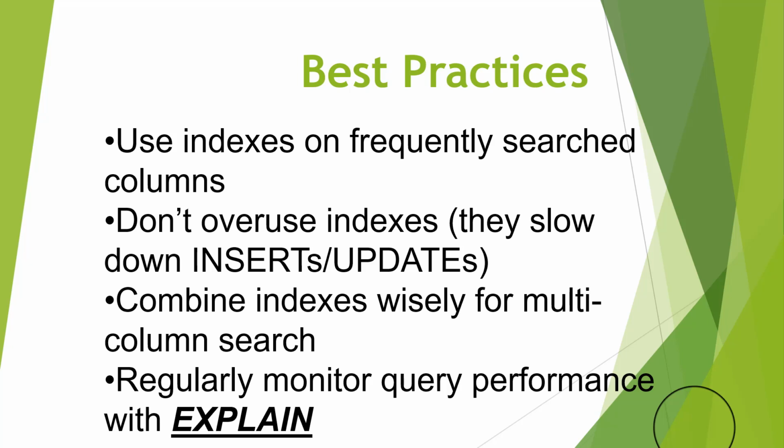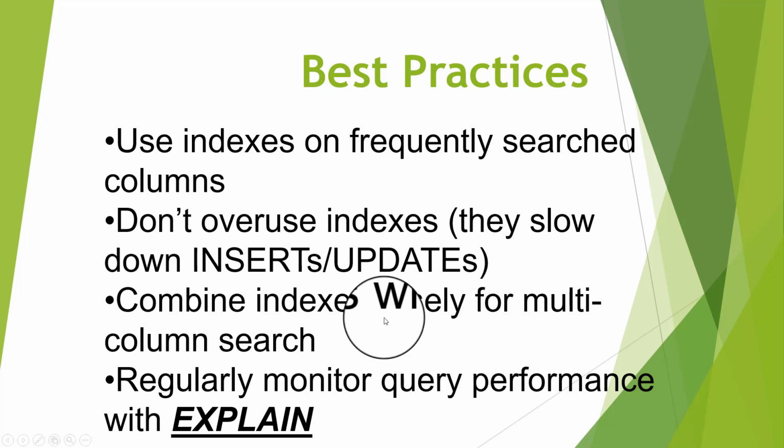Use indexes on frequently searched columns. Don't overuse indexes; excessive use of indexes is not recommended. It is better to use an index on one or two columns, only to fetch records quickly. If you overuse indexes, they can slow down your insert and update queries.